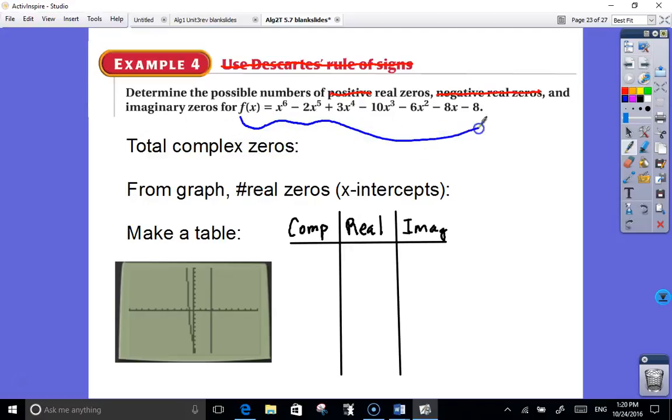Here's the function. How many complex zeros does it have? It has 6, right? Whatever is the degree of the highest power term, so 6. So imaginary zeros, according to what we learned, come in pairs, right? You can't have just one. It has to come in plus or minus numbers. So what are all the even numbers less than or equal to 6?